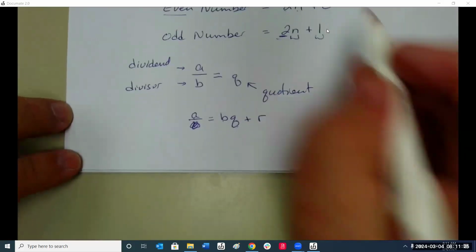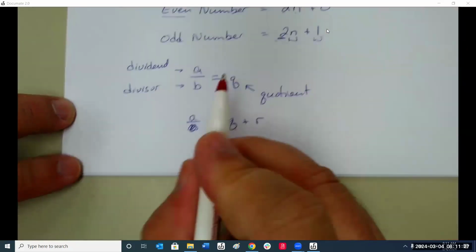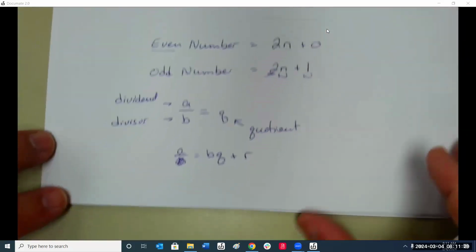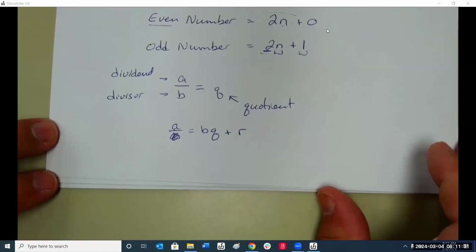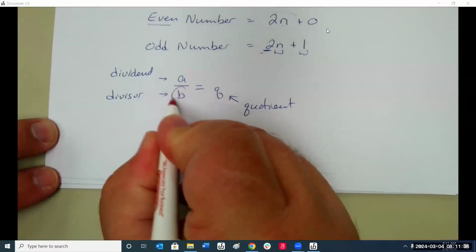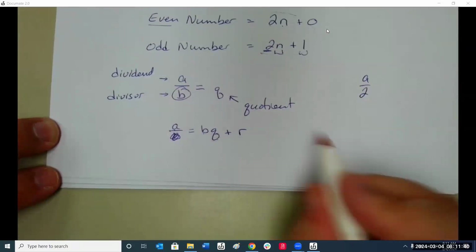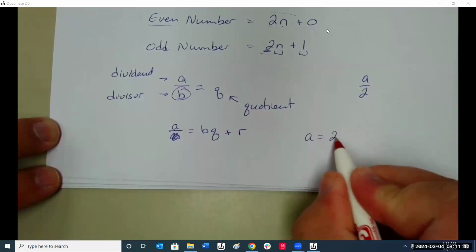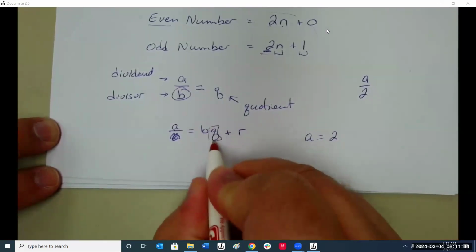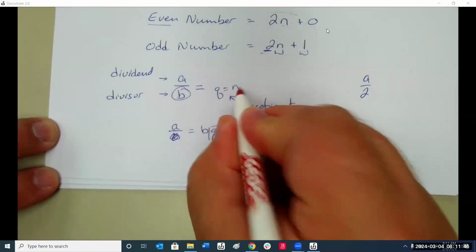So as we look at our examples up here, we said odd and even numbers, you divide by what? By 2. So our b value is 2. So we get a equals 2q plus r. Q is the answer, it's whatever n we get.